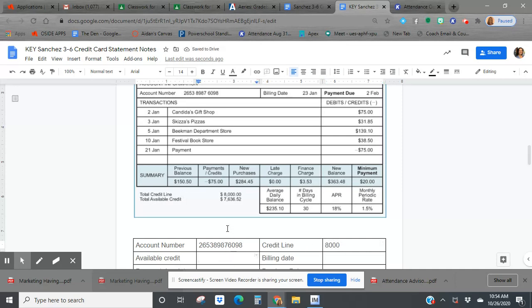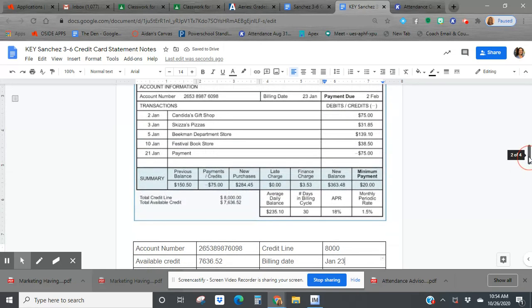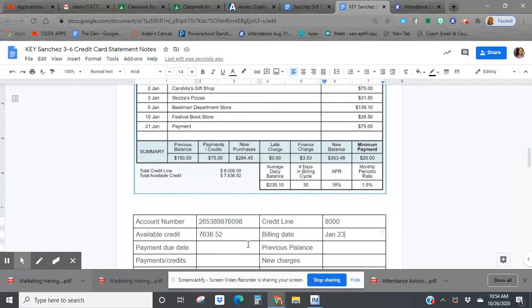Available credit, total available credit shows right here below it, 763652. The billing date is January 23rd. The payment due date is February 2nd.